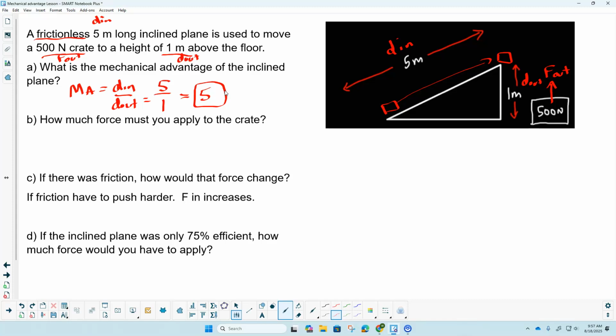From that, we can also figure out how much force we would have to apply to make this box move this 5 meters. The advantage part is that our force in is going to be smaller than our force out. I don't have to lift as hard comparatively pushing it up a ramp compared to lifting it directly up. So we can go back to this mechanical advantage equation, but this time we're going to use force out divided by force in.